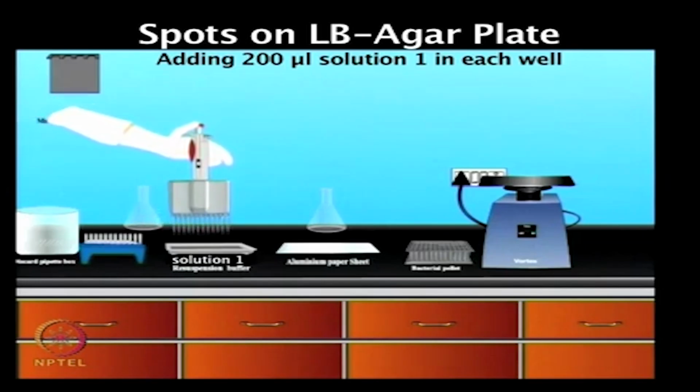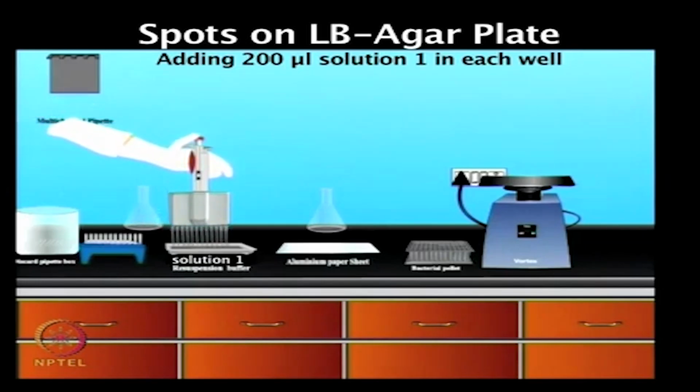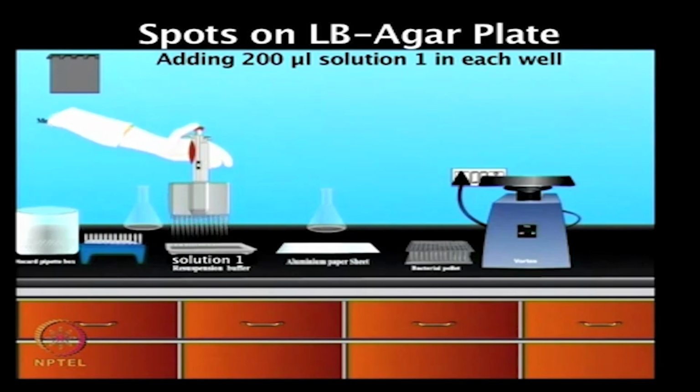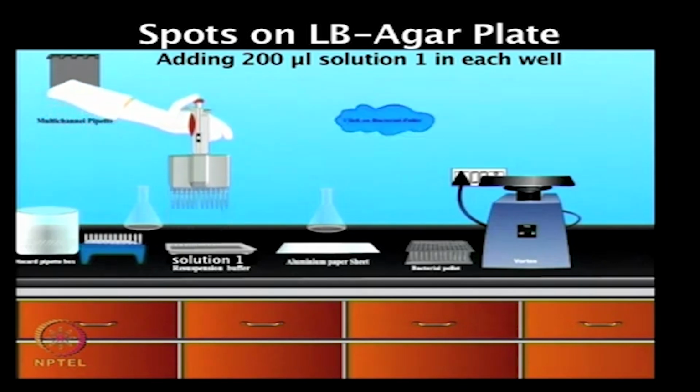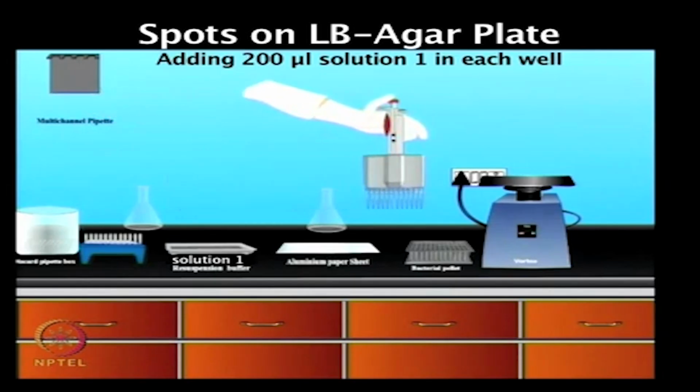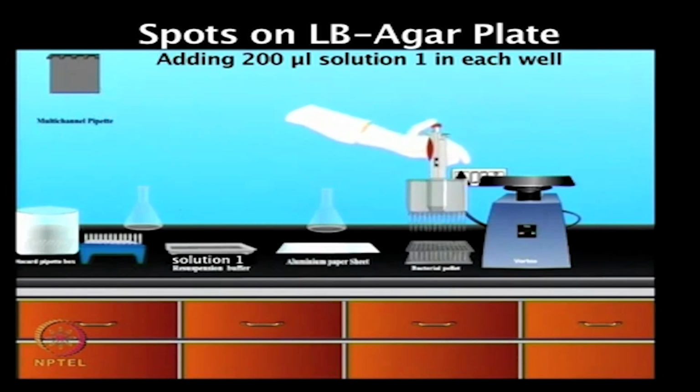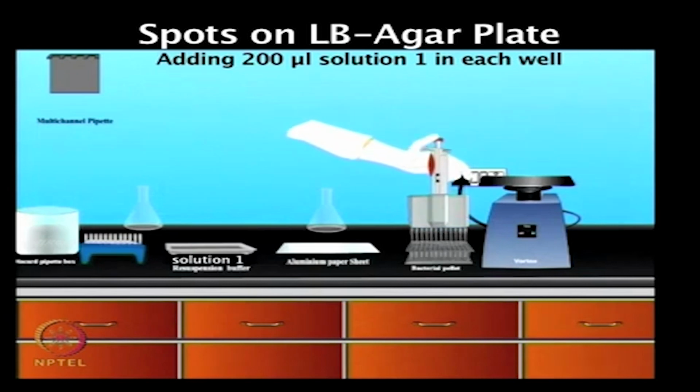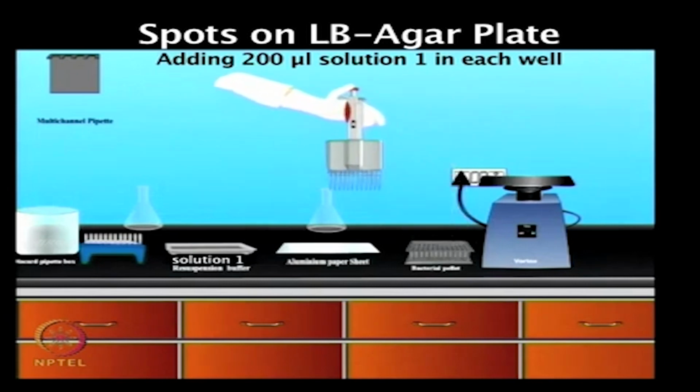So, you need to add the resuspension buffer, around 200 microliter, to each well. Remember, in the last step we had made the bacterial pellet from those culture blocks, and now you can add this 200 microliter of resuspension buffer in each well.